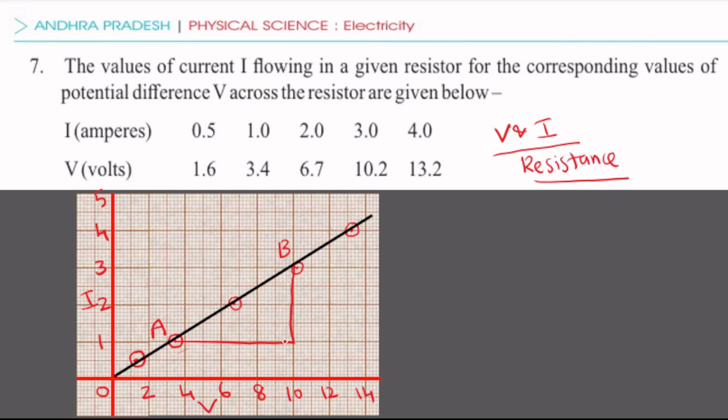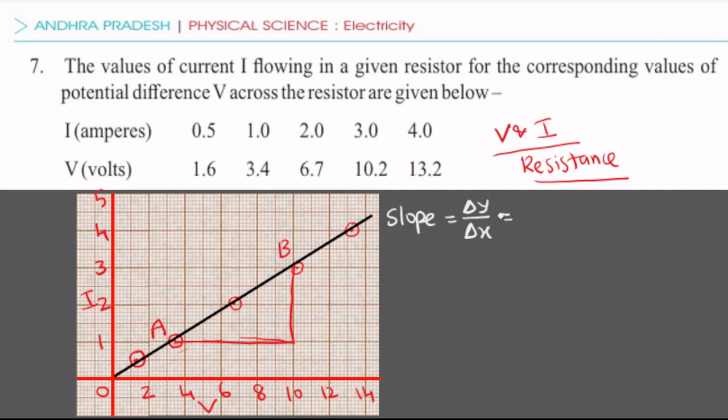So this slope will give the resistance. Now let us find the slope. Slope is equal to change in y by change in x, that is delta y by delta x.